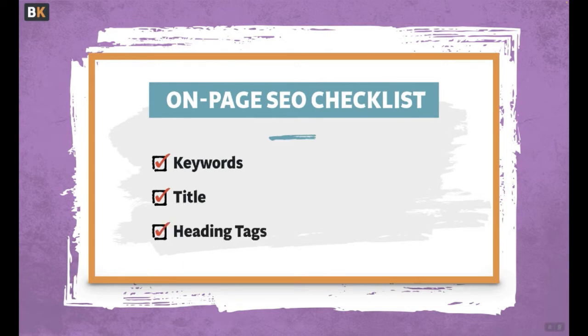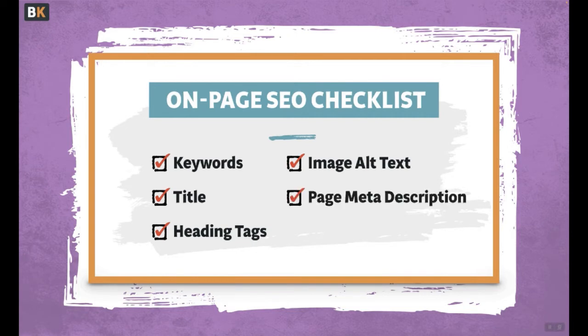Heading tags, which we talked about, the H1 tag, H2, H3. Image alt text, which we also covered in a previous lesson. Page meta description, which we'll talk about in a minute, and your page URL. This is a basic beginner level SEO checklist for on-page SEO that you should keep in mind for all of your pages and content posts.